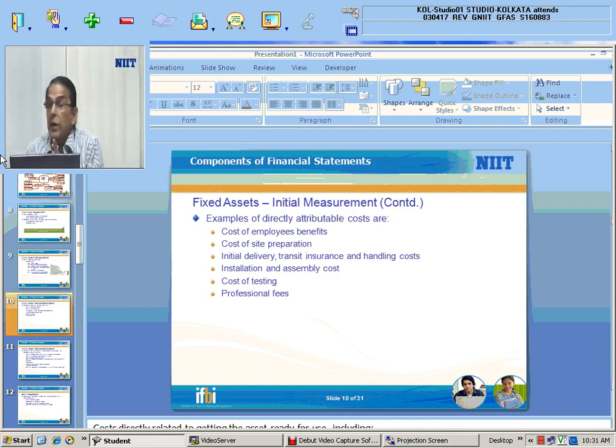Yes, restoration cost, as I told you. Supposing a factory is being set up in an ecologically sensitive location. The government allows a factory to be set up in an ecologically very sensitive location, and gives a condition that the factory can be operated for the next 15 years. At the end of 15 years, the factory owner must remove the factory from that site.